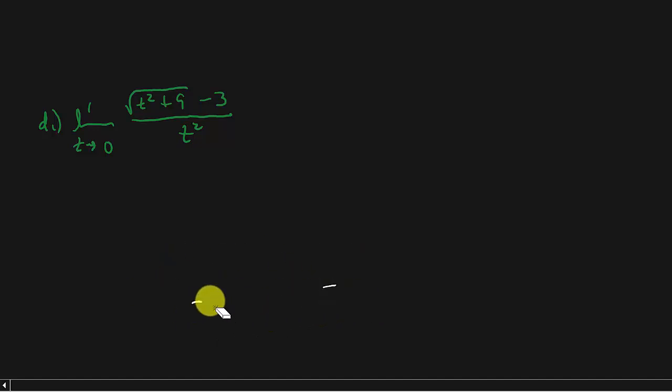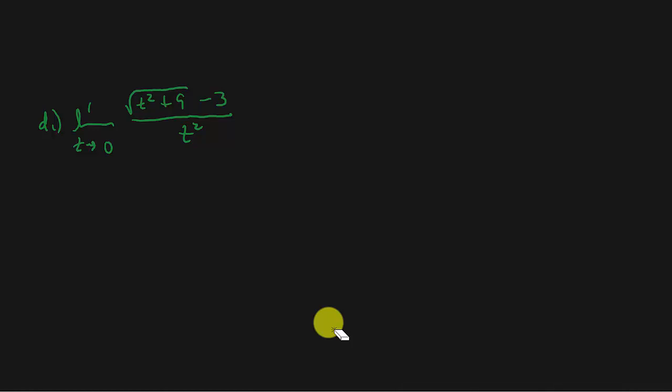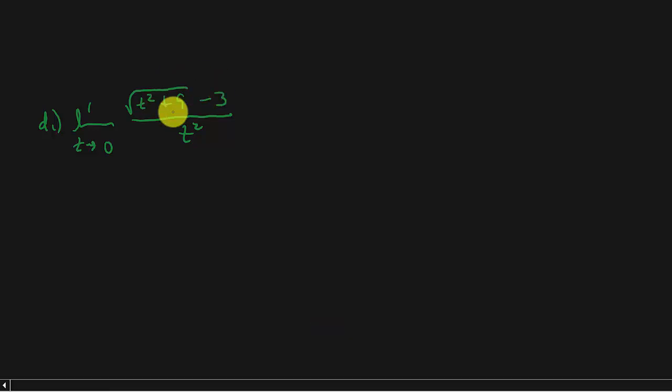Well, in calculus, a lot of times what we'll need to do is rationalize the numerator. So I'm going to rationalize the numerator. So I'm going to multiply numerator and denominator by the conjugate of the numerator. All right, so there we go.